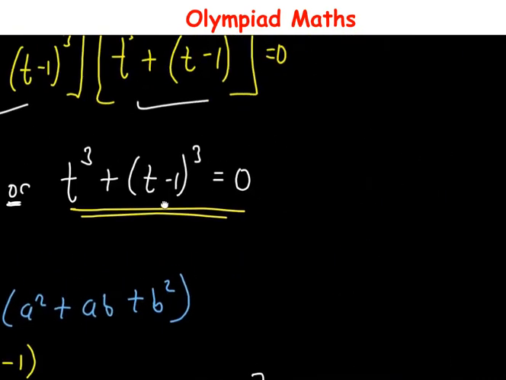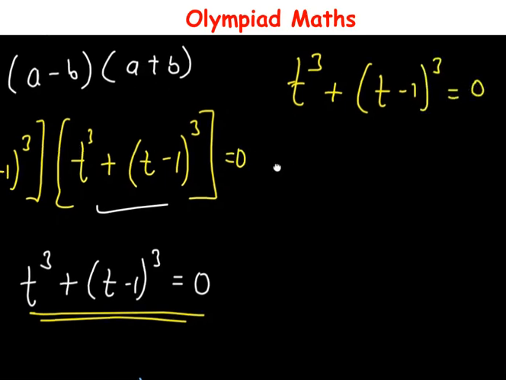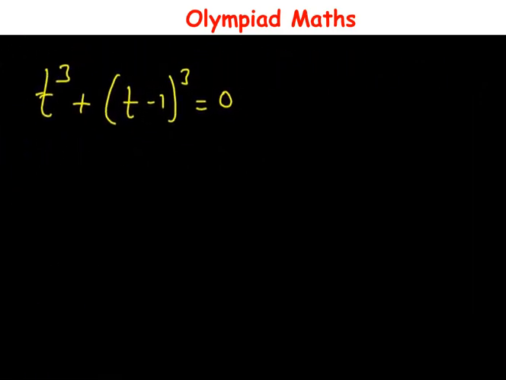Let us solve for the value of t. So right here, we have t raised to power 3 plus, in bracket, t minus 1 all raised to power 3 is equal to 0. Looking at this, what we have is simply the sum of 2 cubes.